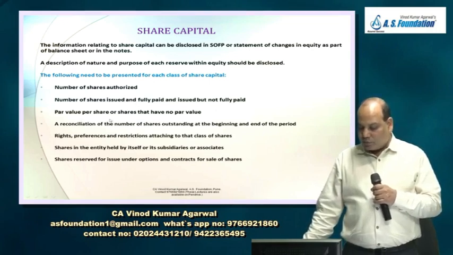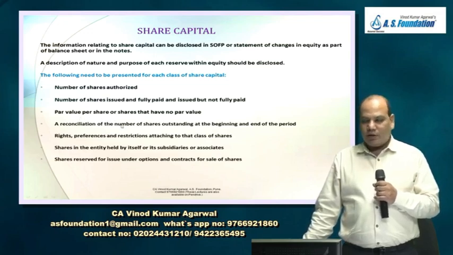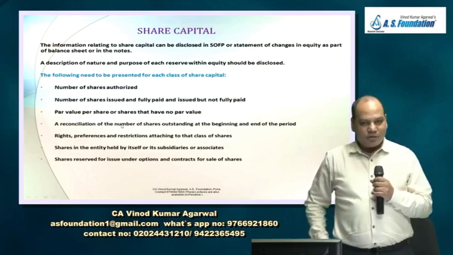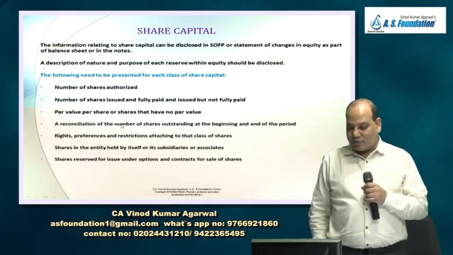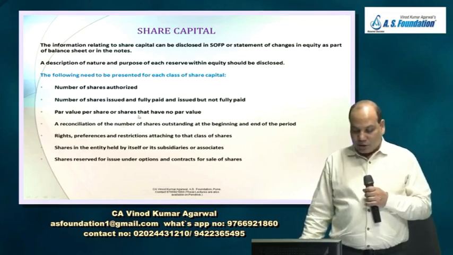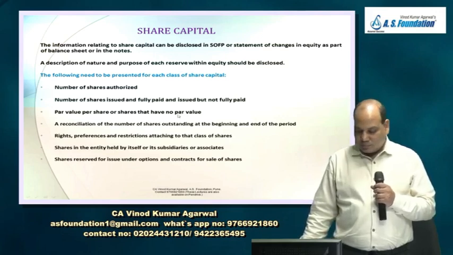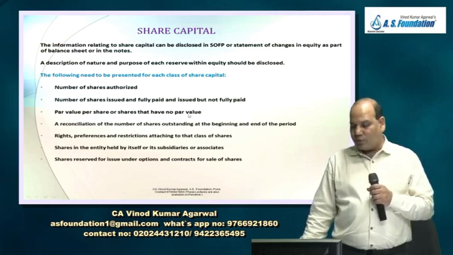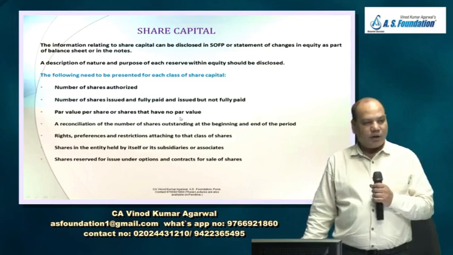Then par value per share. If the shares have par value, like for example 10 rupees, 1 rupee, 5 rupees, you have to disclose. And if the shares have no par value, that you need to disclose. If the shares have no par value, they are called stock. Stocks don't have par value.